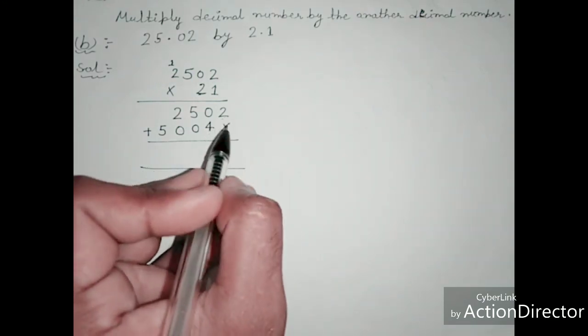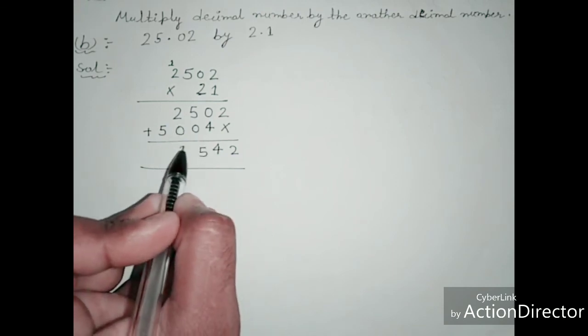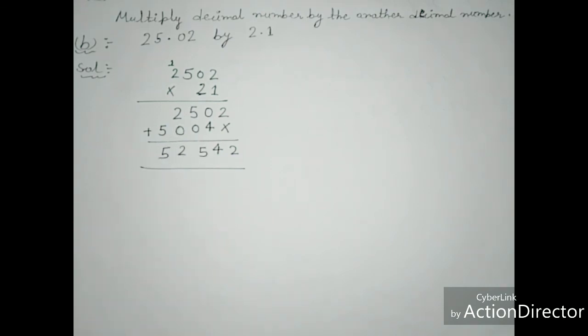Now add both numbers, 2 4 5 2 5. So when we remove the decimals from these numbers and multiply, we get the product 52,542.